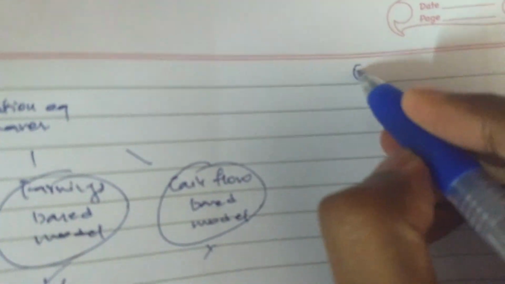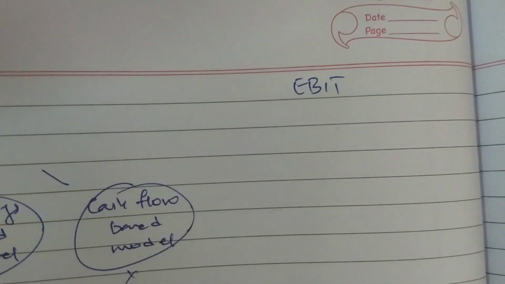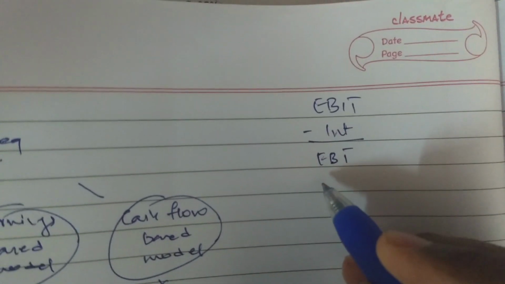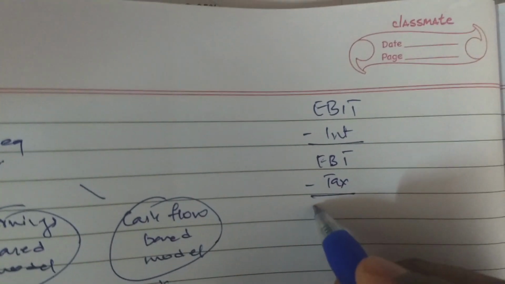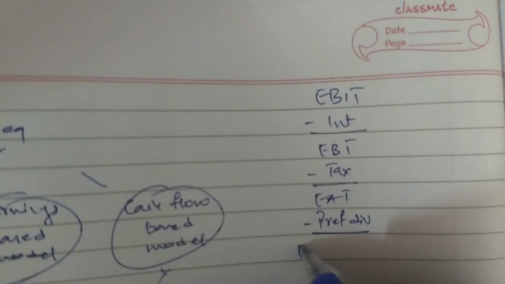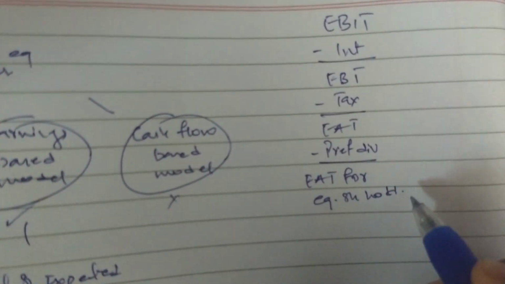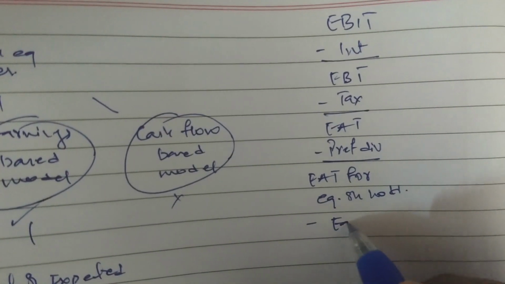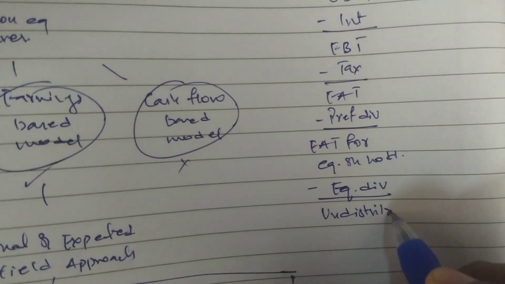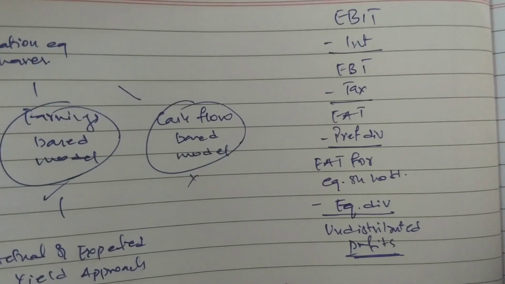It is like earnings before interest and tax, minus interest gives you EBT, that is earnings before tax, minus tax gives you earnings after tax, minus preference dividend gives you earnings after tax for equity shareholders, minus equity dividend gives you undistributed profit. So by this you can find your undistributed profits.